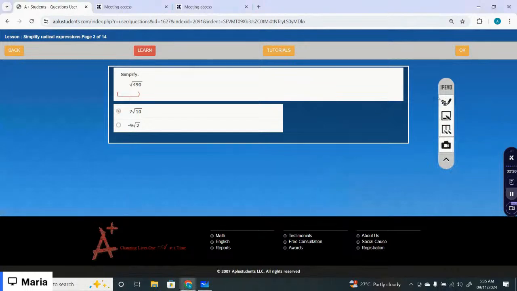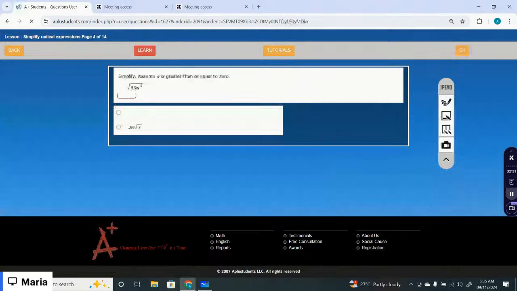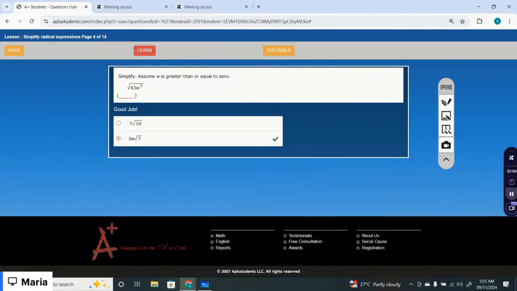Simplify square root 63w squared, which is the correct option. Option number 2 is the correct option, that is 3w square root 7.